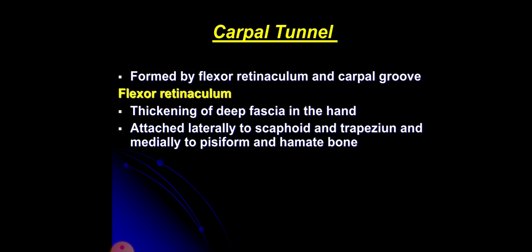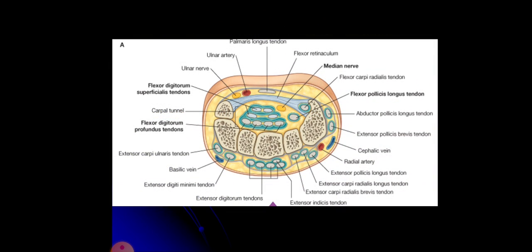We have the carpal tunnel. This tunnel is formed by the carpal bones and the flexor retinaculum. Flexor retinaculum also is a thickening of the deep fascia that attaches to the lateral 2 bones and medial 2 bones of the carpal bones.